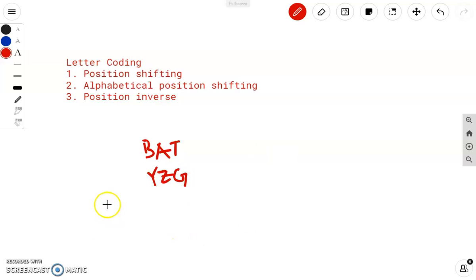And what will be the code for sick? Position of B is 2, position of A is 1, and the code is YZG.